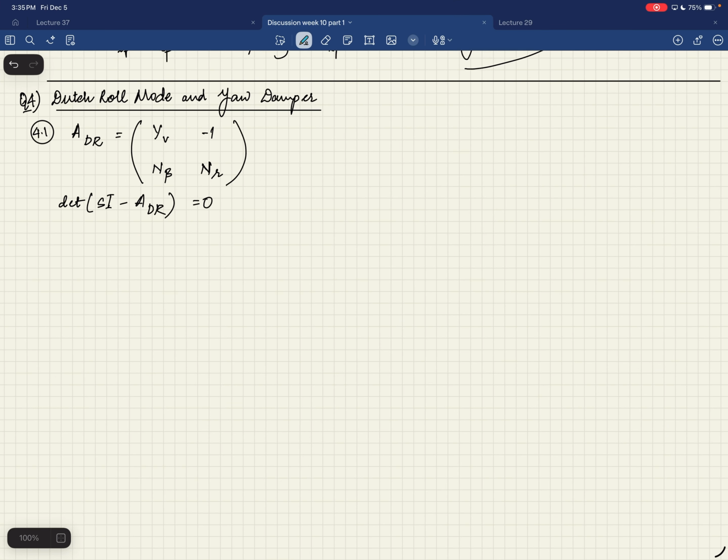But let's say you have 1, 2, 3, 4, 5, and so forth. And then you see that these three things are not involved. So you can construct the 2x2 just by taking these as the new matrix. So you're basically ignoring the effects of other equations which are coupled into the system, right? That's what we do in the short period dynamics. Okay.